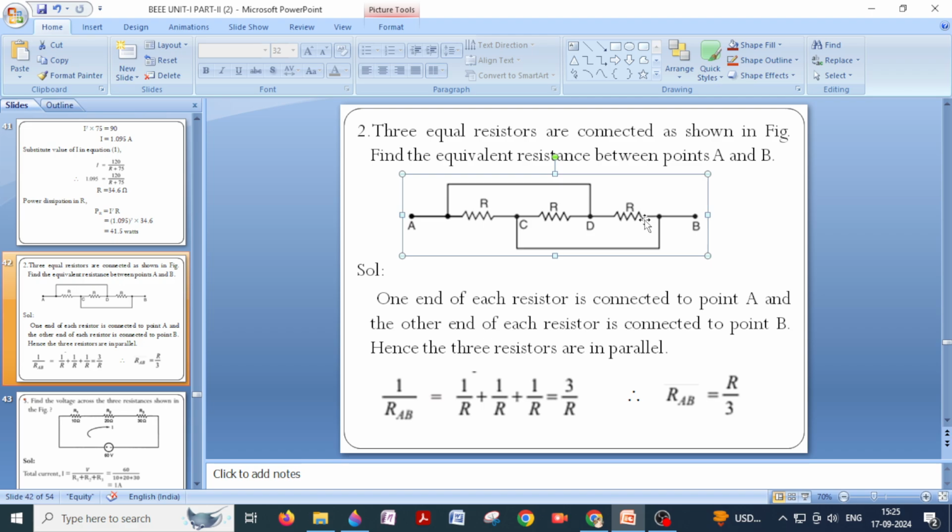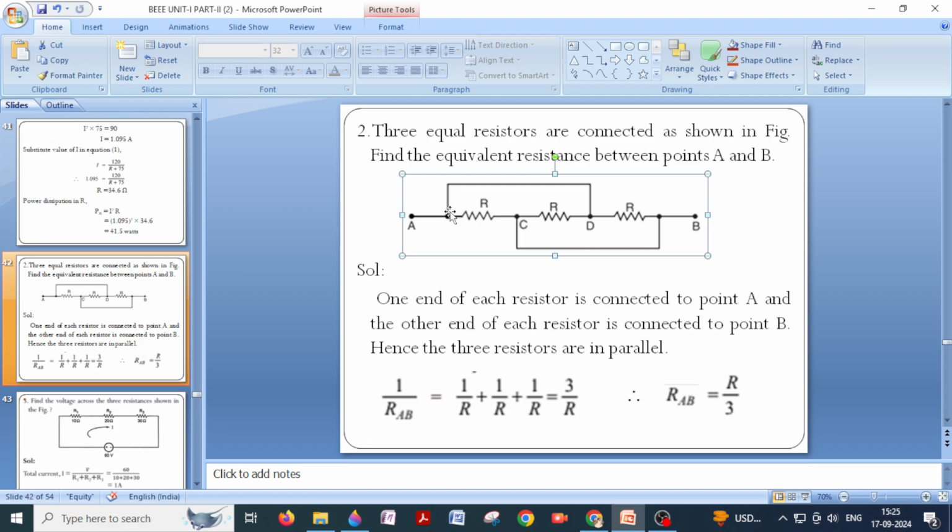It is a bit complicated to understand, but you must assume some current directions to understand the concept. As I have already told you, if resistors are connected in parallel, their front ends will be connected to a common point and back ends will be connected to a common point.